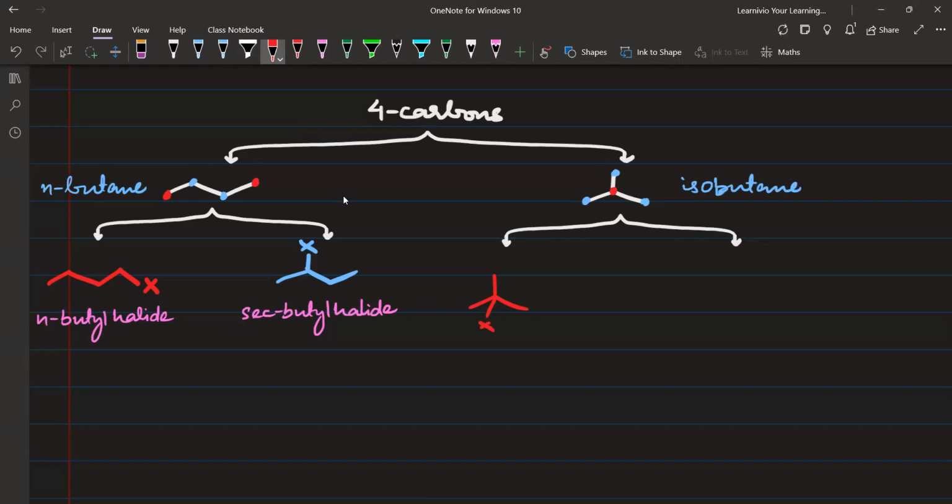Okay, so this is tert-butyl halide. And the other possibility is the blue one. Like this you can have. So this is known as isobutyl halide.